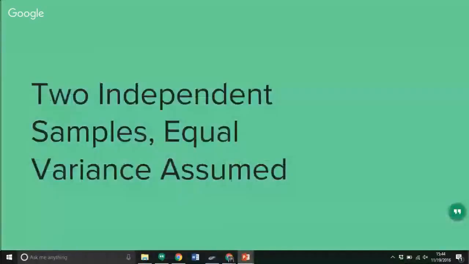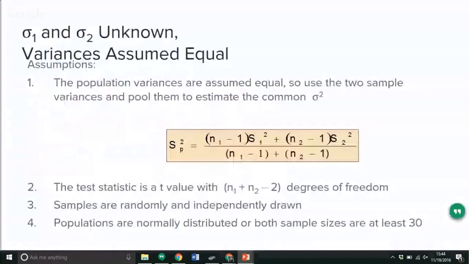So let's go back to our actual tests, okay? Let's assume that we have two independent samples and that the equal variance is assumed. What would this look like in equations? First of all, the assumption of variances assumed equal is that we would be using a pooled variance. And again, this slide itself gets kind of complicated in terms of why we use pooled variance.